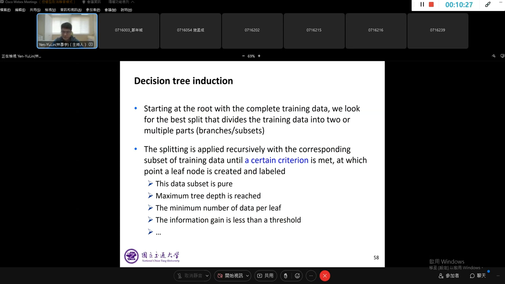Therefore, we need to specify criteria to terminate the process. Here are some widely used criteria.